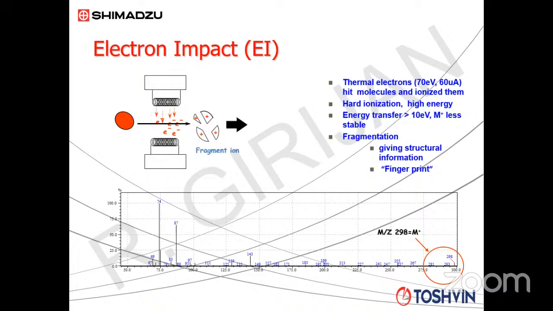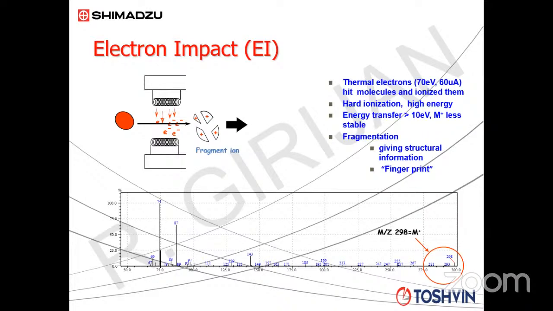The filament at the top is electrically heated, and at a high temperature, it starts emitting electrons. And these are called thermal electrons. And they have a very huge quantum of energy, 70 electron volt energy. They are very high energy electrons, thermal electrons, and these electrons will be emitted by the filament at the top.